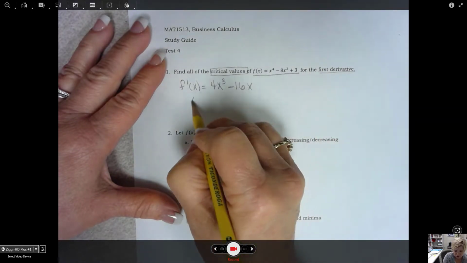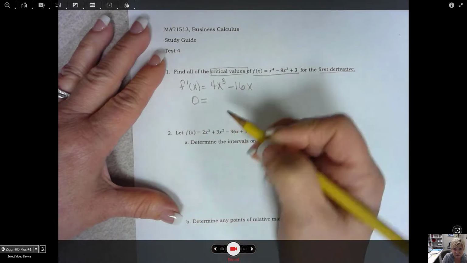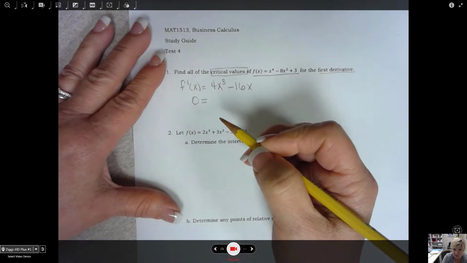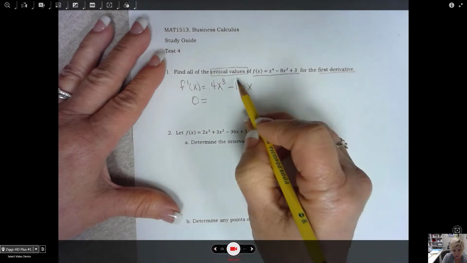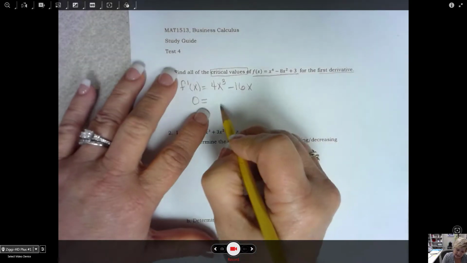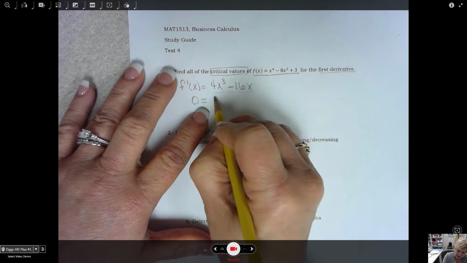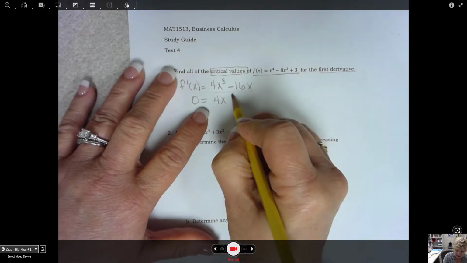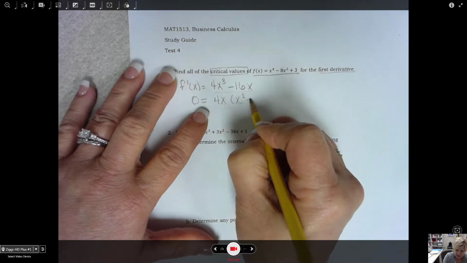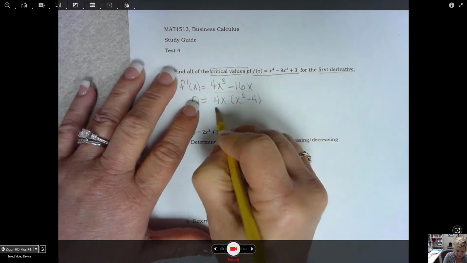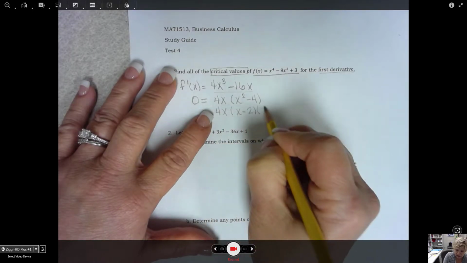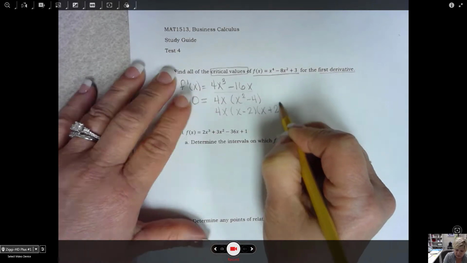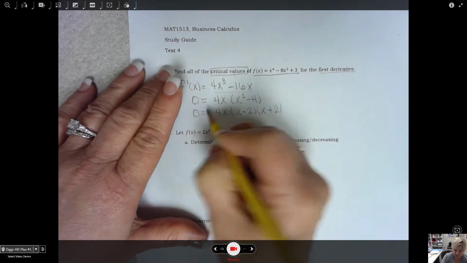Secondly, set the first derivative equal to 0 and factor, because we have to solve for each of those x values to find the critical values. I can factor this by pulling out a 4x, and I'm left with x squared minus 4. Fully factor it, and we solve this one by using the 0 property.